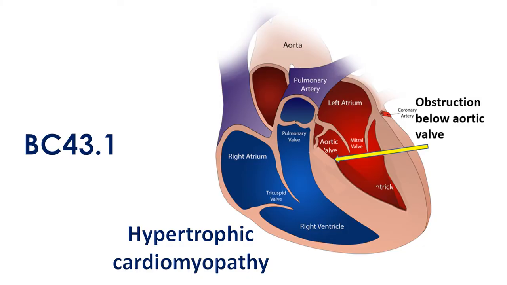This is subclassified into BC43.0 for dilated cardiomyopathy, BC43.1 for hypertrophic cardiomyopathy, heart muscles thickened, and BC43.2 for restrictive cardiomyopathy. Stress cardiomyopathy, popularly known as broken heart syndrome, is coded as BC43.5, and diabetic cardiomyopathy as BC43.7.